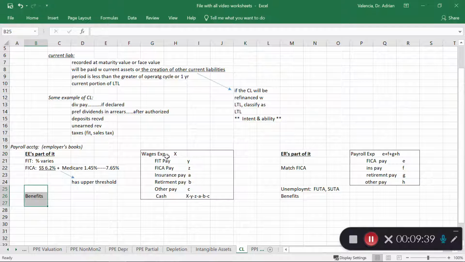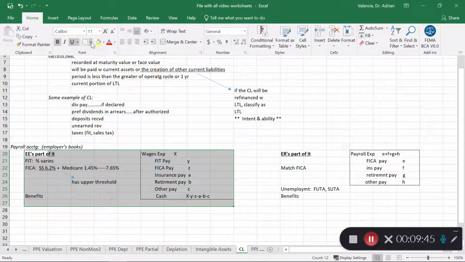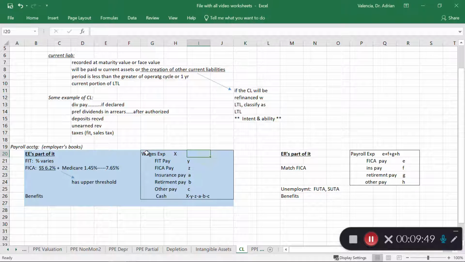So notice the journal entry right here. This is the part for the employee's component, right? So let me put some colors here. With this, we have wages expense, which is the calculated amount that you promised your employees in pay. But then from that, we subtract federal income tax and we put it in a liability, federal income tax payable, short term. The amounts corresponding to FICA payable, short term as well.